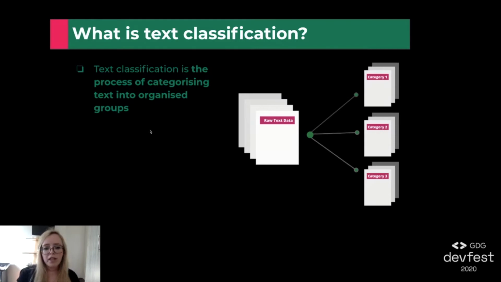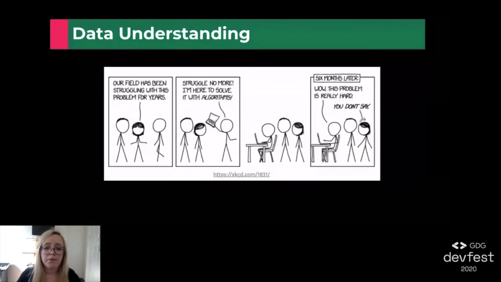Now, before we can move on to our tips, I do feel like it's my data science obligation to talk about the first part of the model building process, which is understanding your data. So data understanding refers to all the activities that you would do to get to know your data. At this point, you should be asking yourself if the data you have collected is relevant to your problem.